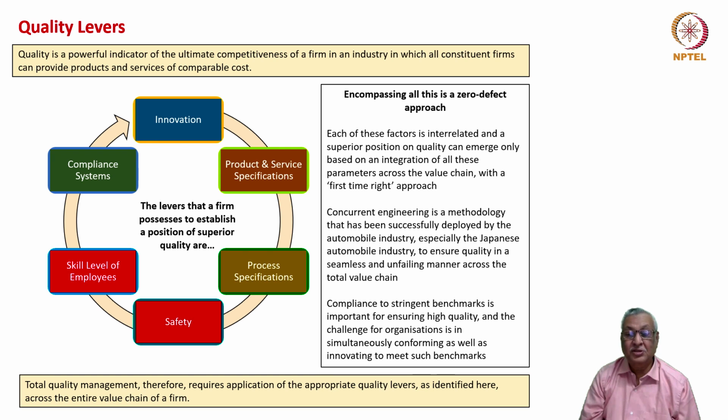Compliance to stringent benchmarks is important for ensuring high quality, and the challenge for organizations is in simultaneously conforming as well as innovating to meet such benchmarks. We may have statistical quality control, which allows certain tolerance in specifications, but the lower the bandwidth is of these tolerances, the better would be the quality level.